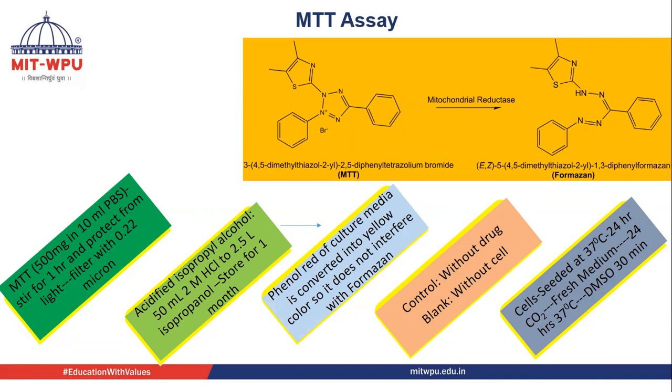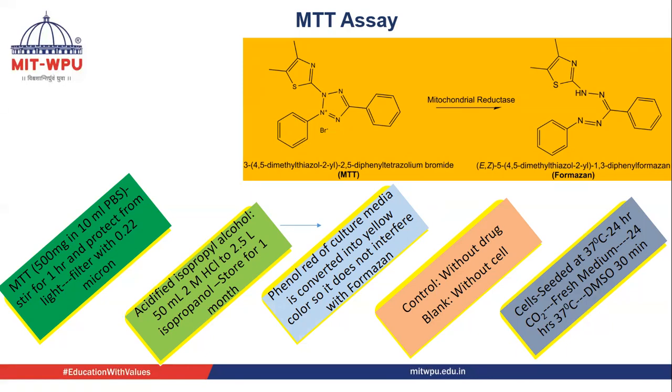The experiment is carried out as follows. We take the cells, and we can use a 96 well plate with a flat or curved bottom. Then we seed the cells, and keep them at 37 degrees Celsius for 24 hours in a CO2 incubator.